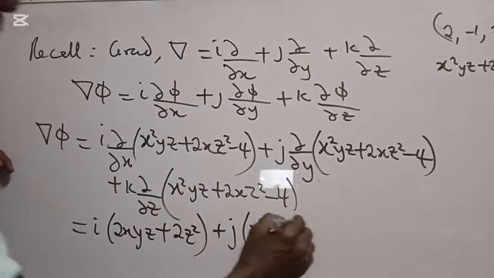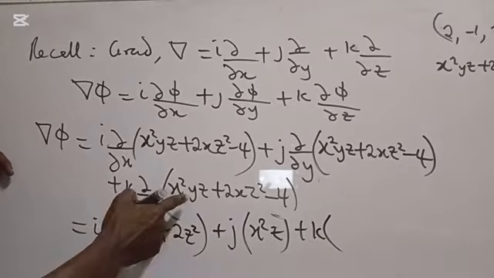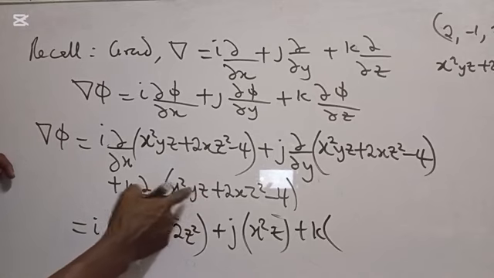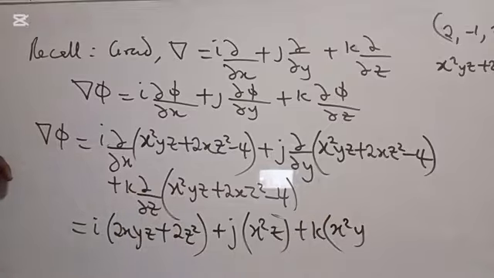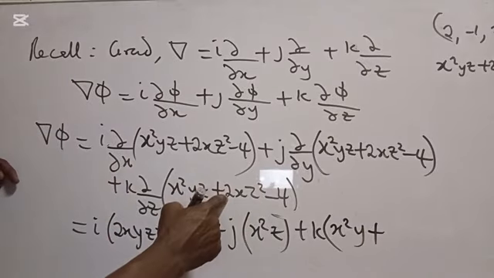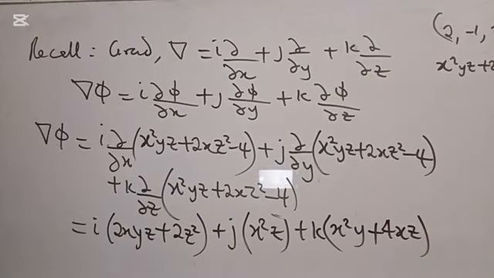Then plus k, with respect to z, this is 1, 1 times x squared y, plus any z again? Yes, z squared, so the 2 here will come down, 4xz. Good.